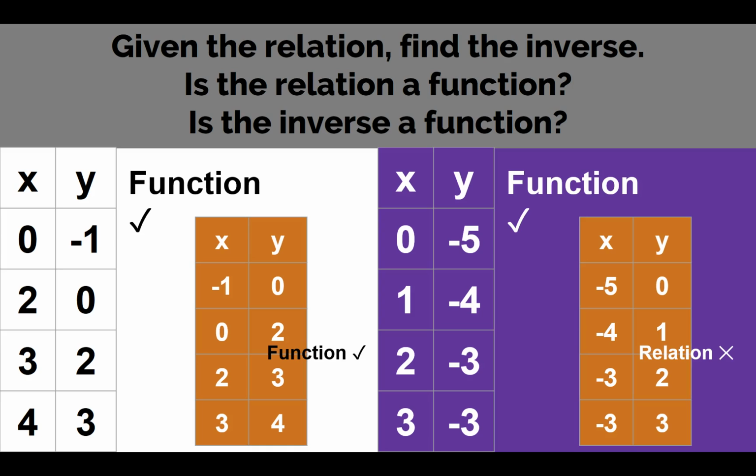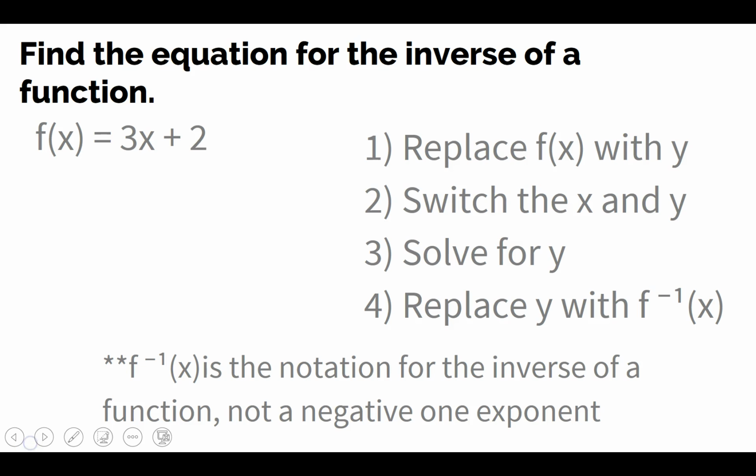Now we're going to go to actual equations, okay? There's 4 steps to taking the inverse of an equation. Step 1, you replace the f of x with y, because f of x represents function, so make it a y. Then you're going to switch x and y for step 2. Step 3, you're going to solve for that new y.